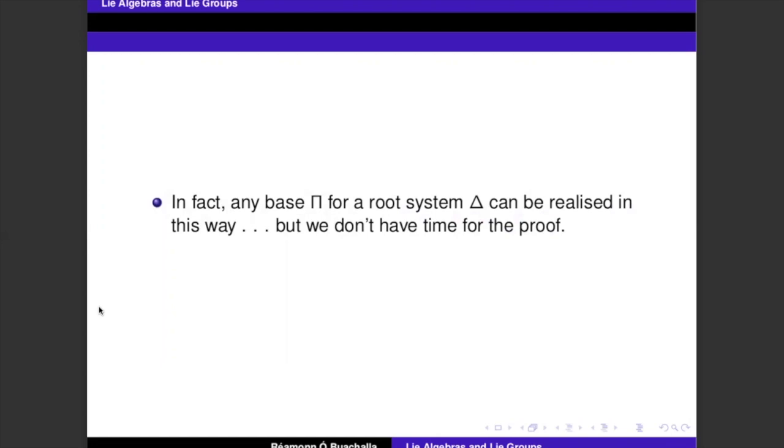A good way to get some feeling for this regular vector stuff is to look at the root systems of rank 2. When you draw it, one of these regular vectors is just going to be a line in the plane going through 0 that is not perpendicular to any element of the root system.